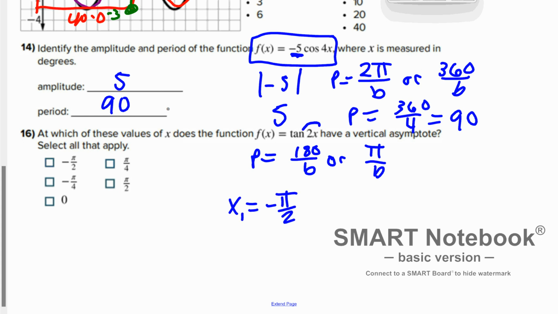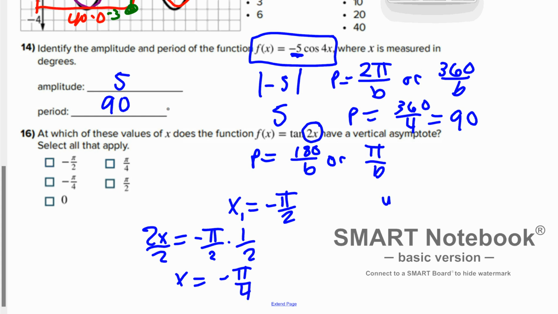So I have to take what I'm taking the trig function of, 2x, and set it equal to -pi-halves. So when I solve this, I divide by 2, and dividing by 2 is the same as multiplying by 1/2. So my first x is going to be -pi-fourths. And at the first x, my y values are undefined, right? Vertical asymptotes, undefined, and then I go -1, 0, 1, and then undefined, right?